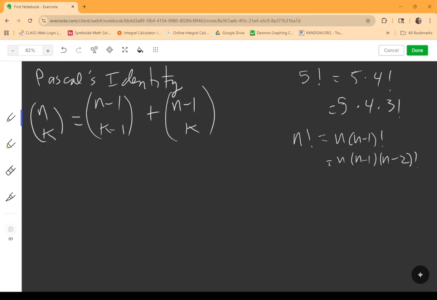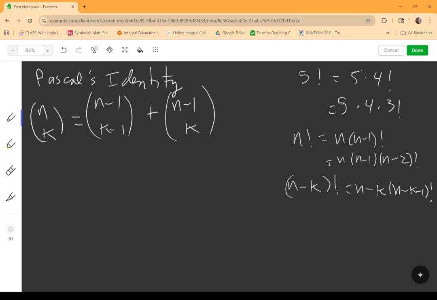Even more generally, n minus k factorial is n minus k times n minus k minus 1 factorial, then n minus k minus 2, etc. You keep working your way down. I bring this up because remembering that is going to come in handy.